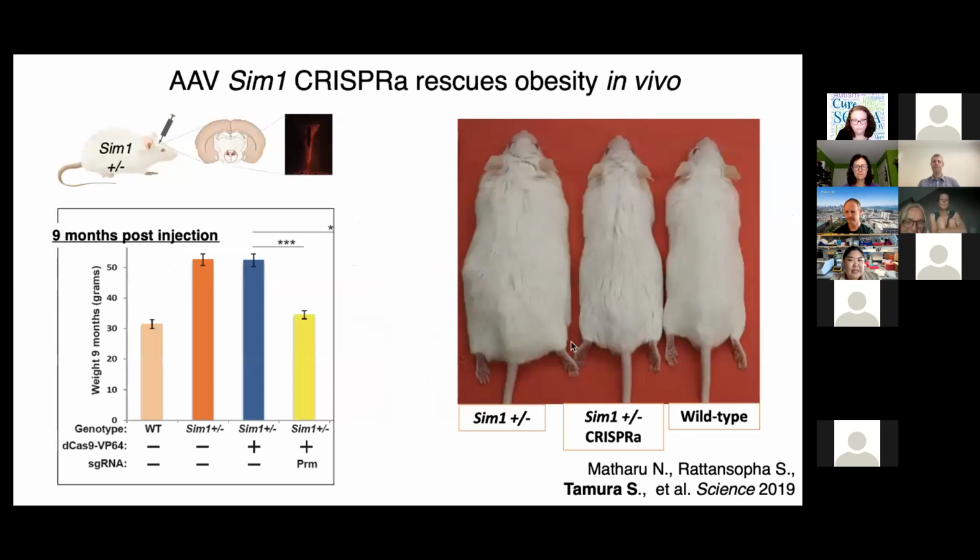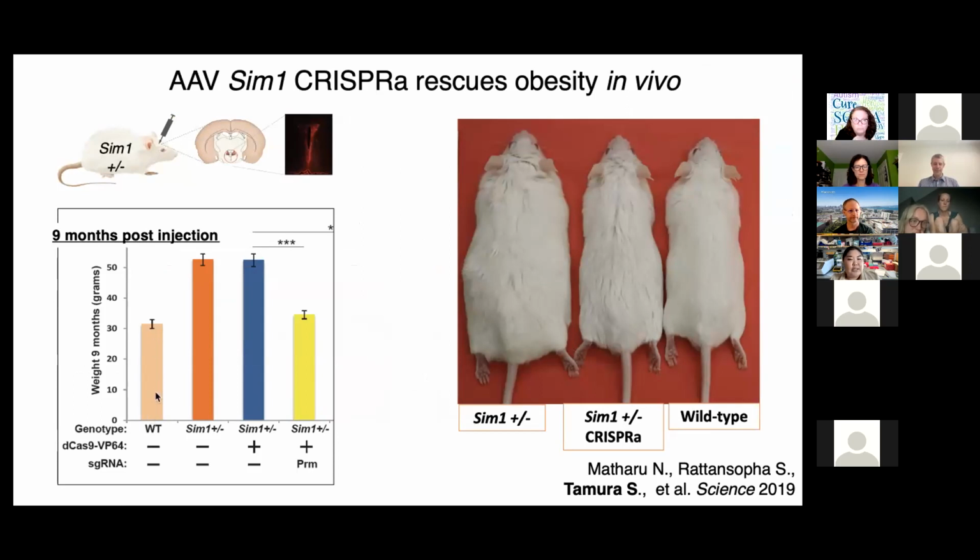9 months following injection, we were really excited to see that the CRISPR-A treated SIM1 heterozygous mice, shown by this yellow bar graph here, developed a body weight that was equivalent to the wild type mice, shown in tan here.